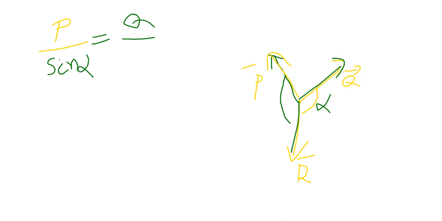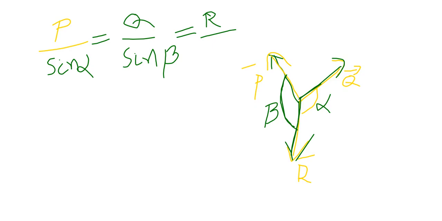Remaining two vectors are P, R. Angle is beta. Q by sine beta. Next force is R. Here R is the vector, the remaining two vectors are P bar, Q bar, and the angle between these two vectors is gamma.